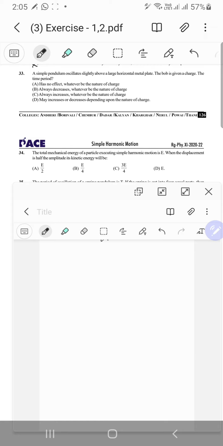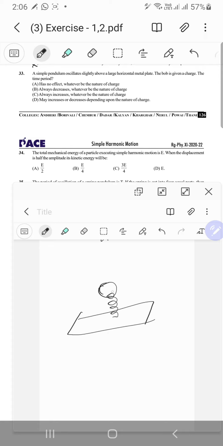Large horizontal metal plate. Fine. The bob is given a charge. Wait, what? Small pendulum. Oh right, so it's some plate like this. There's a spring, and it's given a charge.